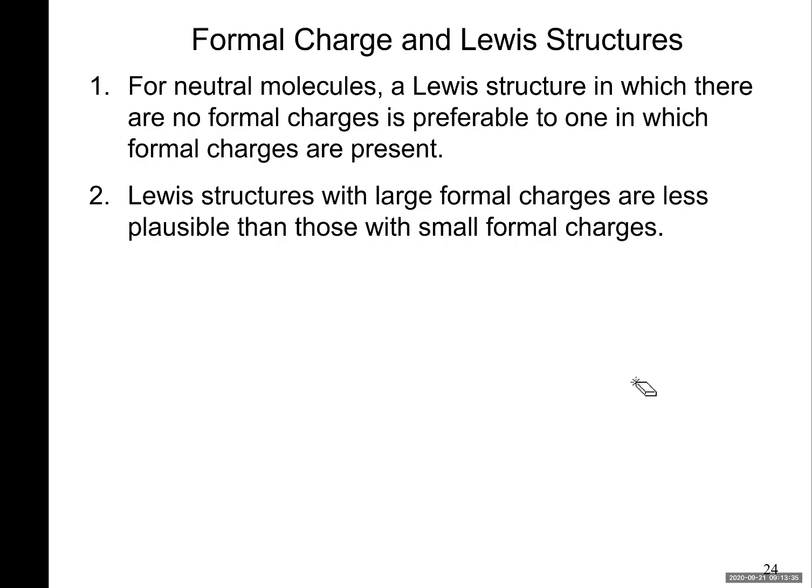The one which has less formal charge is more acceptable. So if you don't have a choice, two possibilities, one of them has larger formal charge, the other one has smaller formal charge, choose the one which has a smaller formal charge. Wouldn't you rather place $5 on your credit card instead of $10? Yes, molecules do the same thing. They will try to have minimum formal charge if there are two options.